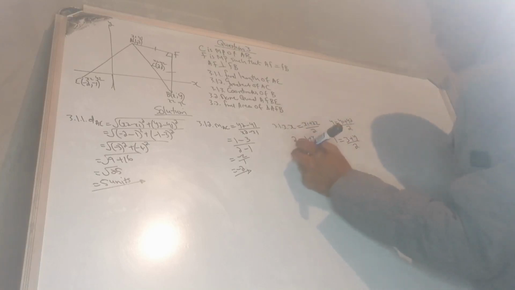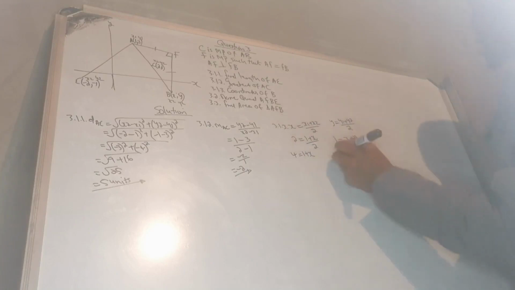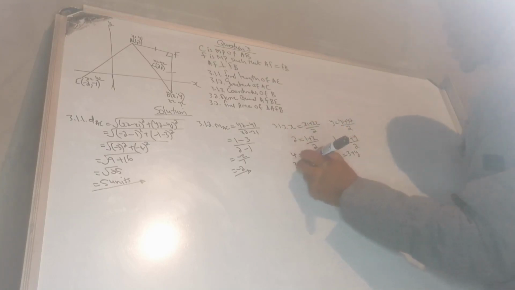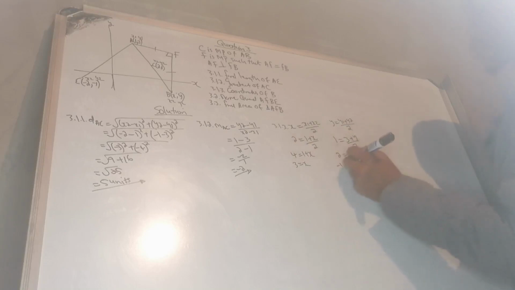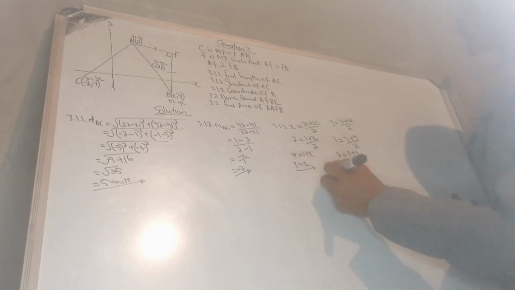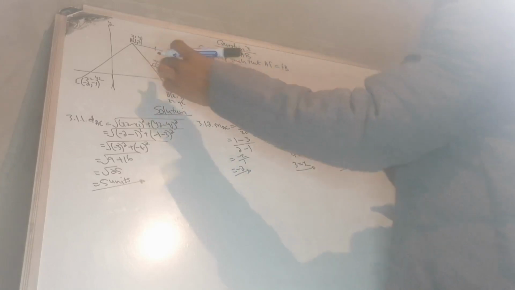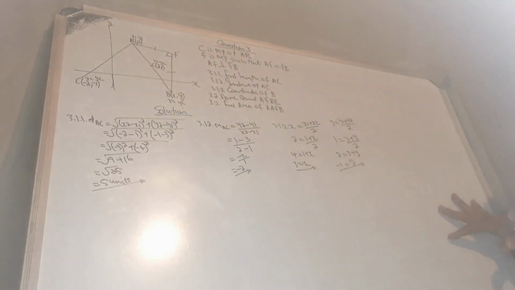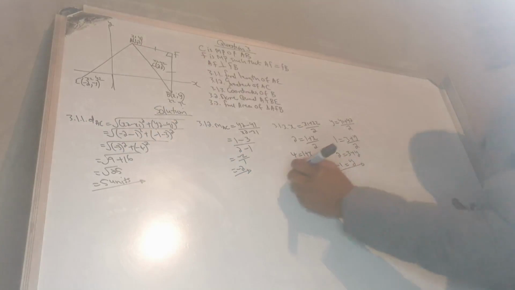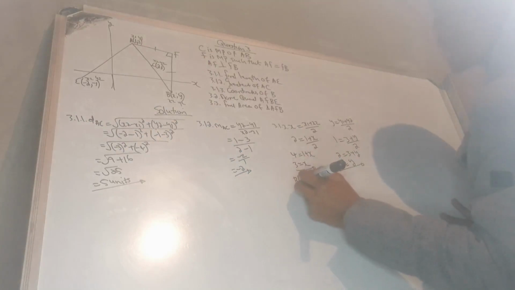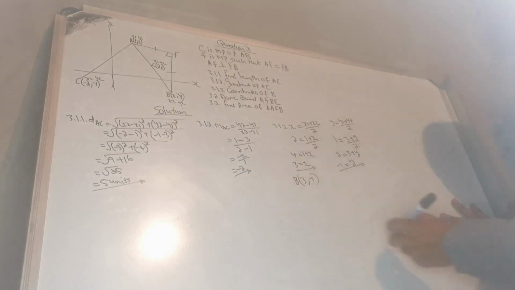Cross multiply, 4 equals 1 plus x. 2 equals 3 plus y. So 3 equals x, minus 1 equals y. And we check. It is 2 minus 1. So B is 3 and minus 1.